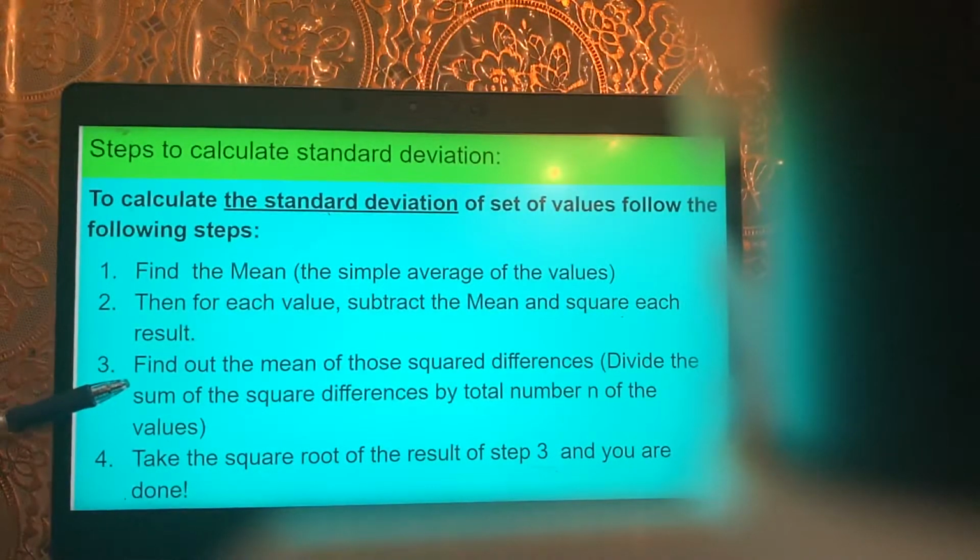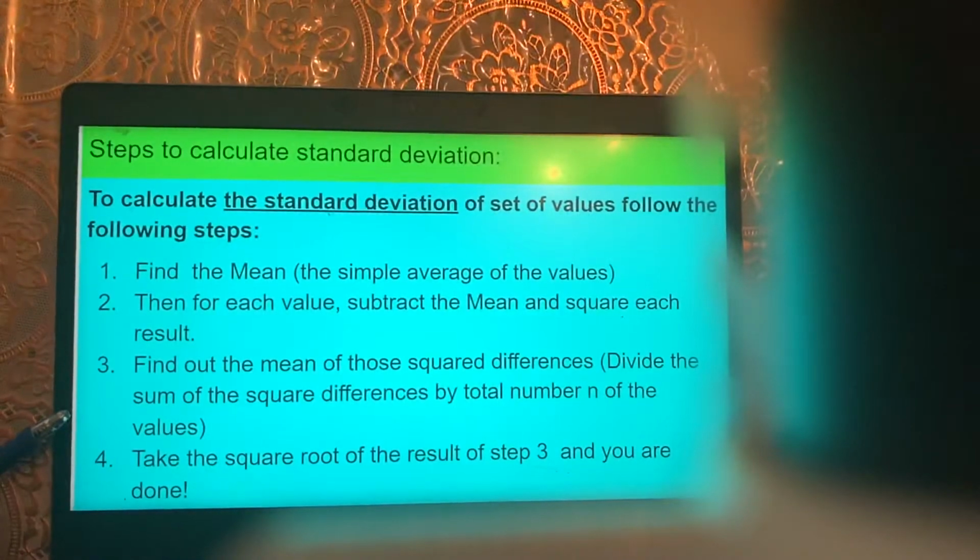Then find the mean of those squared differences, meaning divide the sum of the squared differences by the total number n of the values. Then take the square root of the result of step 3 and you are done. That will give us the standard deviation. So it is based on the squared differences from the mean, and so it is a good approximation of how much data are spread out or closer to the mean and each other.